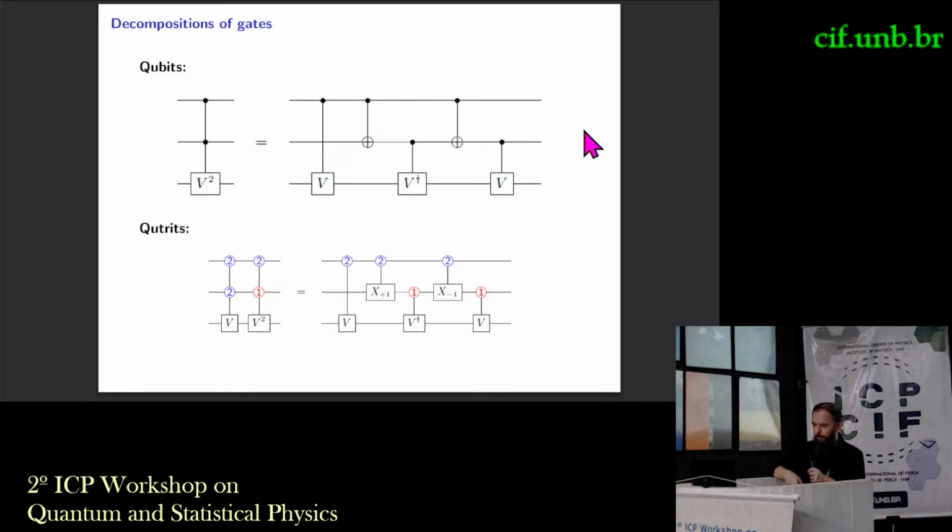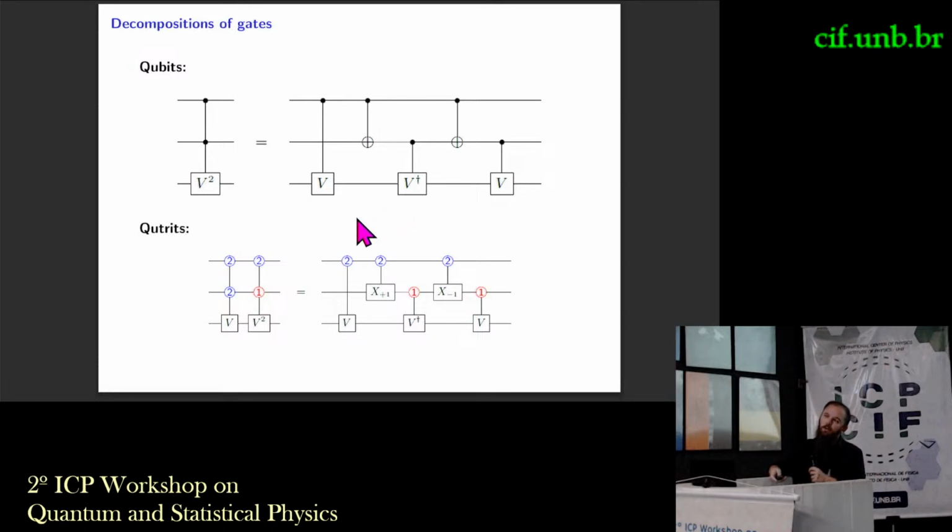And this for me is very pretty. In my personal opinion, this justifies in some sense the whole endeavor of quantum information, because you are decomposing interactions of three or more bodies into a sequence of 2-body interactions.